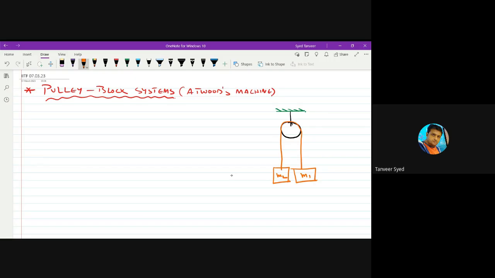You call this system Atwood's machine, a pulley over which a string is run, and the two ends of the string are attached to two bodies.